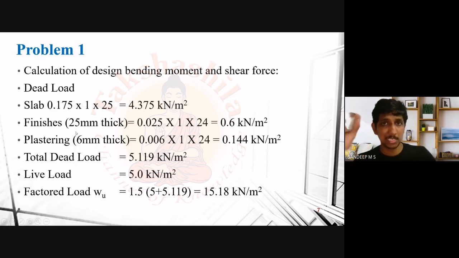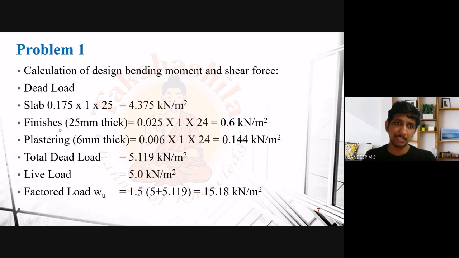And if in the question it is given that you have finishes of thickness 25 millimeter and plastering of 6 millimeter thick, then you have to calculate the weight corresponding to that. If in the question nothing like that is given, you can just directly assume that the total weight of finishes is something like 1 kilonewton per meter square. Okay, I hope it is clear.